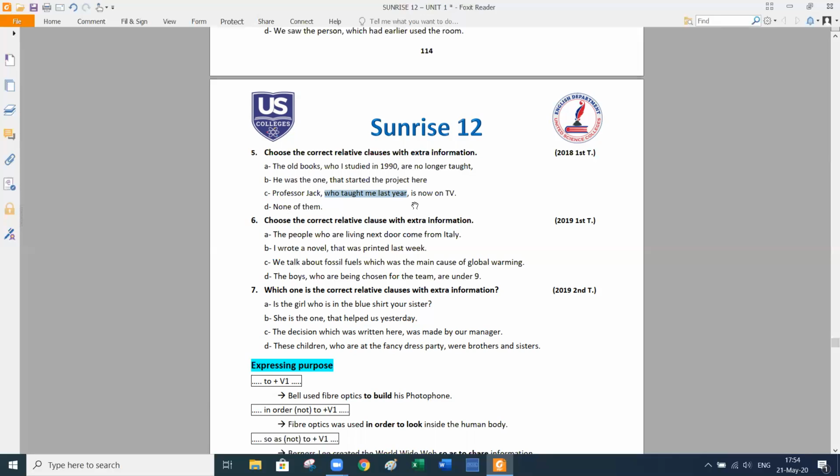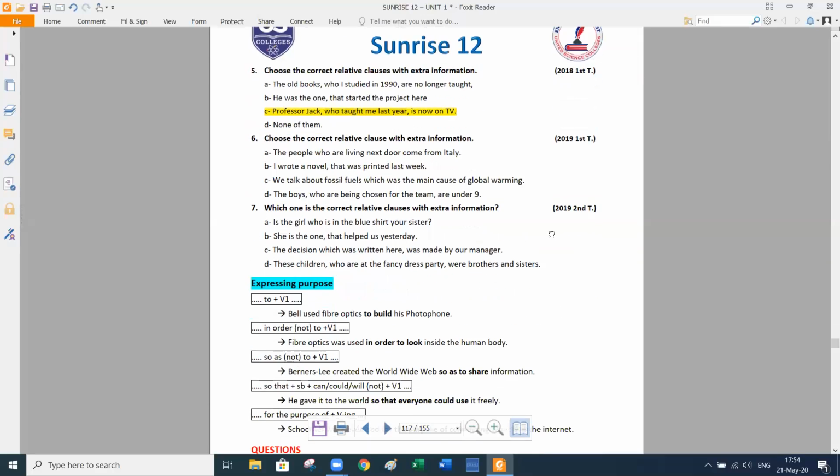Two commas are separating it from the main clause, and we complete the main clause saying is now on TV. So the answer should be C. And because we found a correct answer, D cannot be our choice.